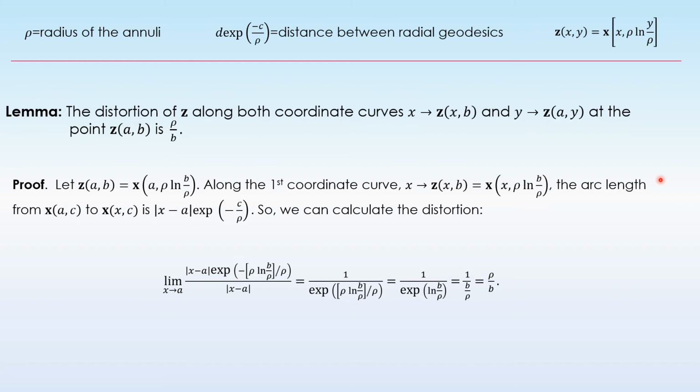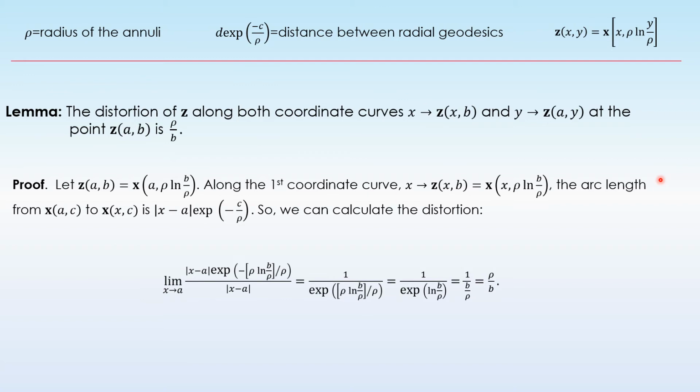If we simplify this, we can divide out the absolute value of x minus a, which means the limit as x approaches a is equal to 1 over e to the ρ times natural log of b over ρ, all divided by ρ. We can simplify that a little further, dividing out the ρ.